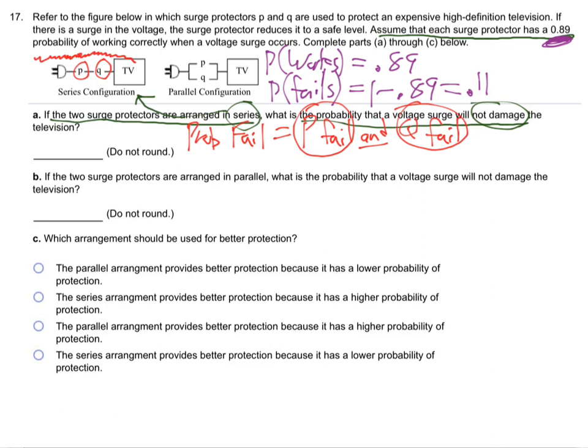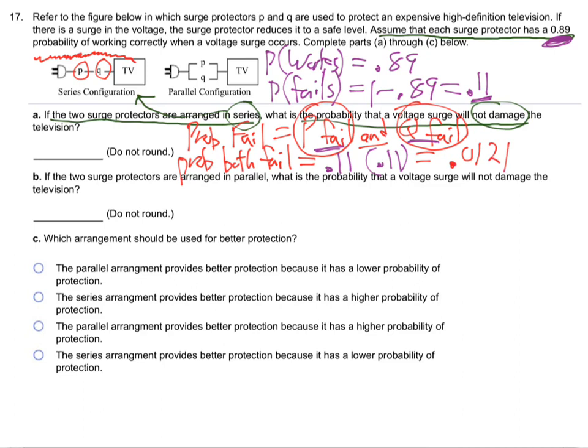So the chance that a surge protector is going to fail is 0.11. So the chance that P is going to fail is 0.11, and Q is going to fail times 0.11, right? So the probability that both will fail is 0.11 times 0.11. Remember, and is multiply. That's what we've been learning. And is multiply. And so what do I get? The chance they're both going to fail is 0.0121.